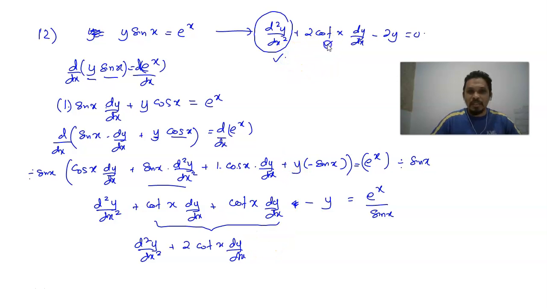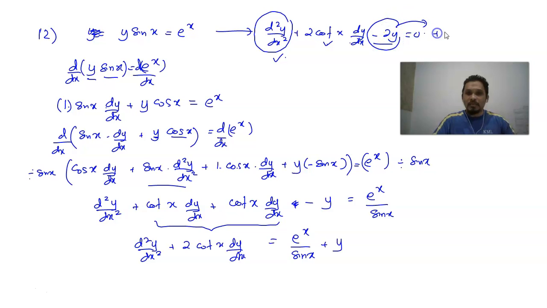We got this and this, and then minus 2y equal to e^x divided by sine x plus y. Or if I bring this one here, here become positive 2y, still the same.